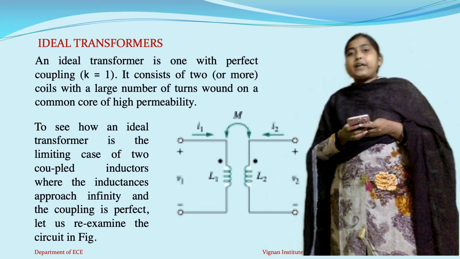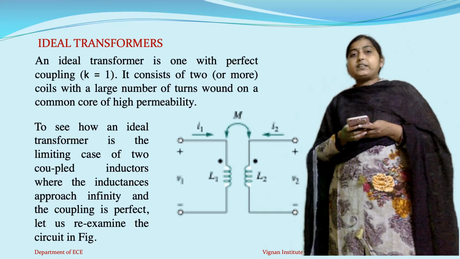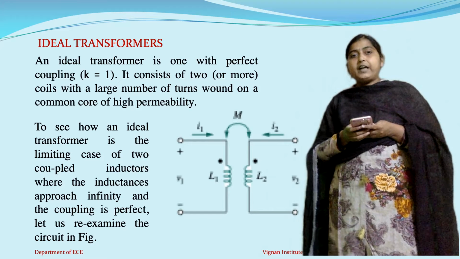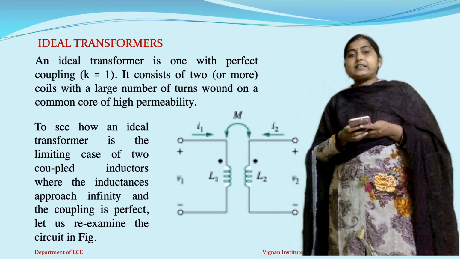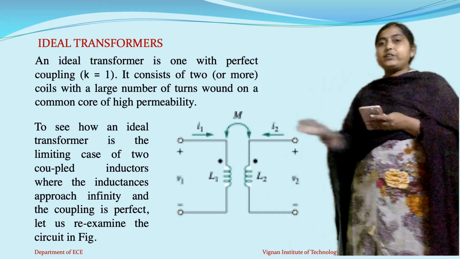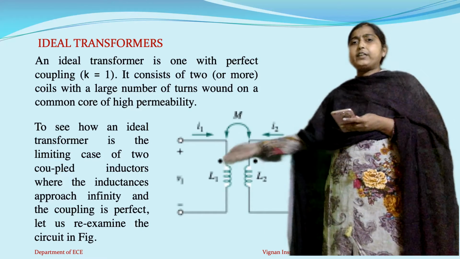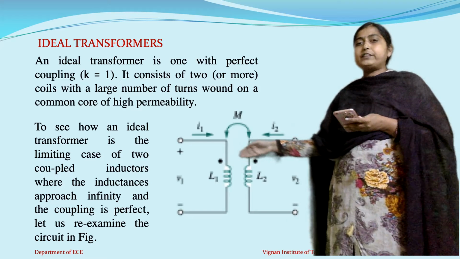To see how an ideal transformer is the limiting case of two coupled inductors where the inductances approach infinity and coupling is perfect, let us re-examine the circuit shown in the figure. There are two coils L1 and L2 with self inductances.